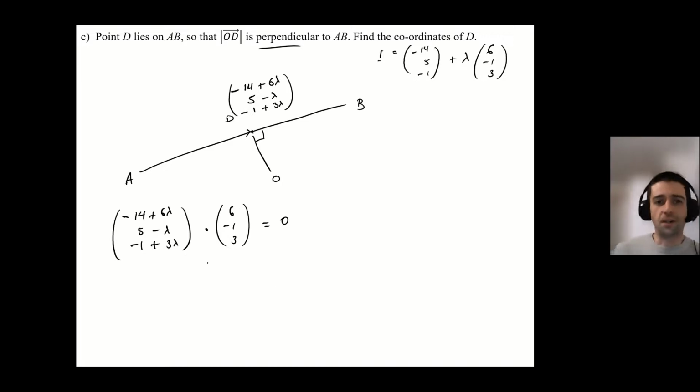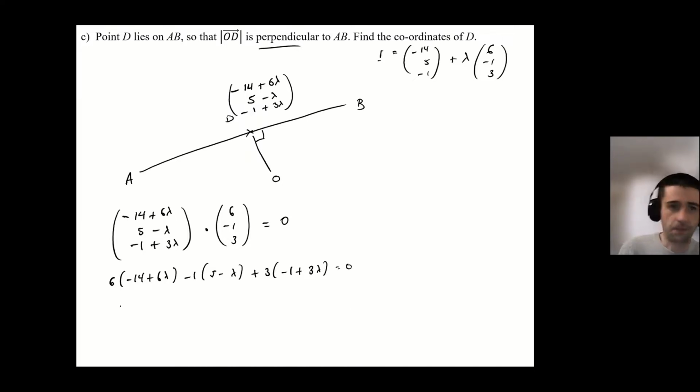So I can set this up to find lambda and then sub that back in to find the coordinates of D. So let's set that up. 6 lots of negative 14 plus 6 lambda, minus 1 lot of 5 minus lambda, plus 3 lots of negative 1 plus 3 lambda is going to have to equal 0.